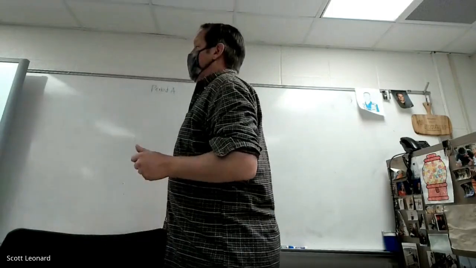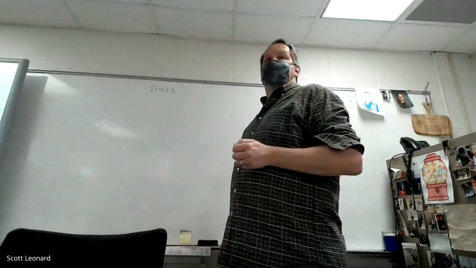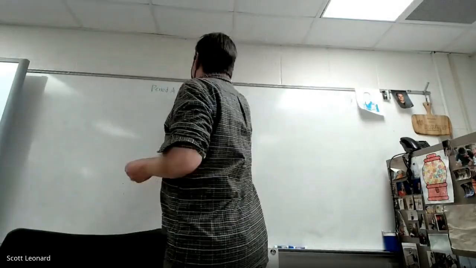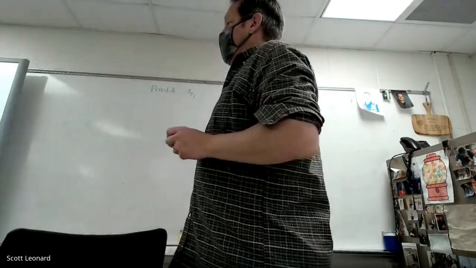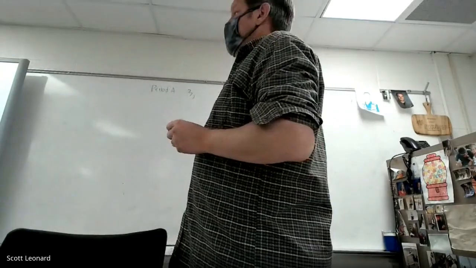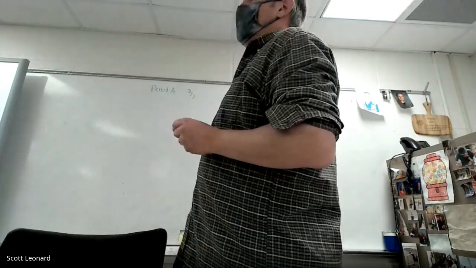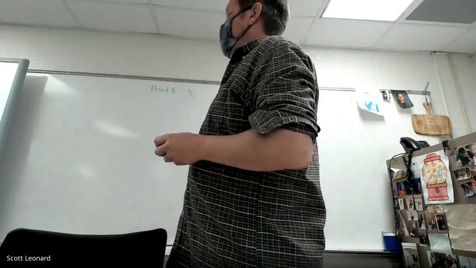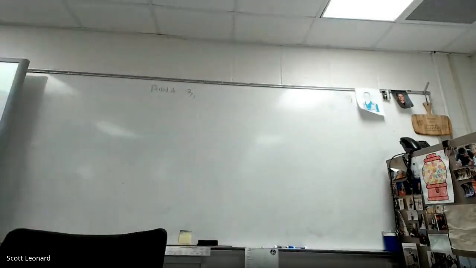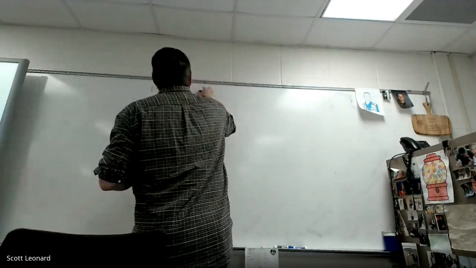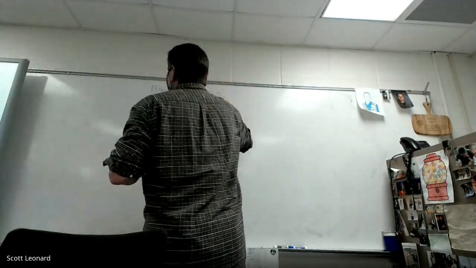How many 3s do I have for period A? I have 1 3. How many 4s? For period A, how many 4s do I have? No, this is a 0, Marion. 0. For period A, there's 1 3. How many 5s? 3. Oh, no, no. 5, 5, 5.